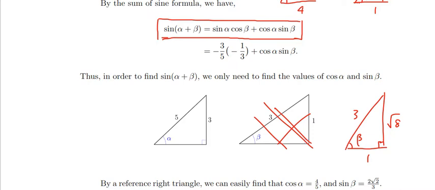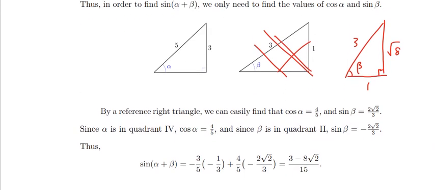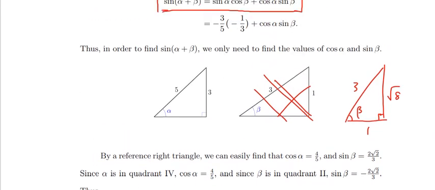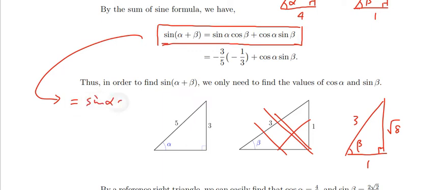Okay, so we just plug in from the formula. Sine alpha plus beta equals sine cosine plus cosine sine.